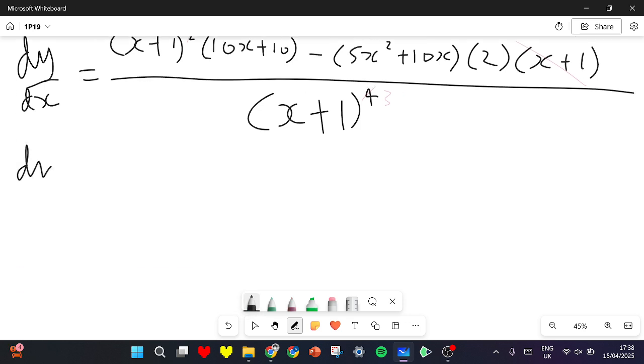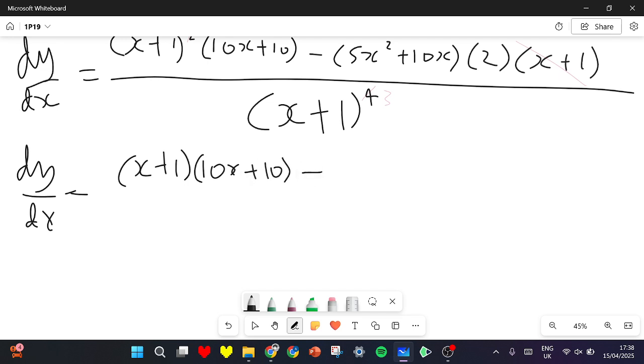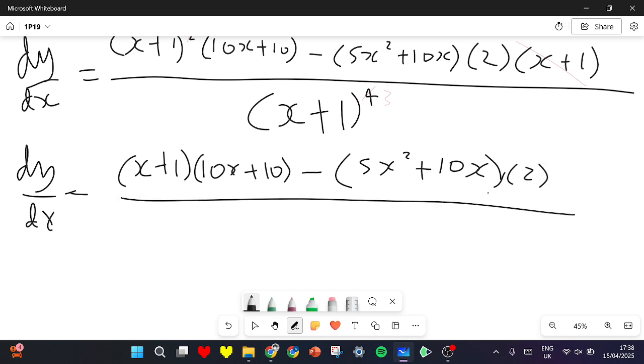So you'll have x plus 1 times 10x plus 10, minus 5x squared plus 10x times 2, all over x plus 1 to the power of 3.